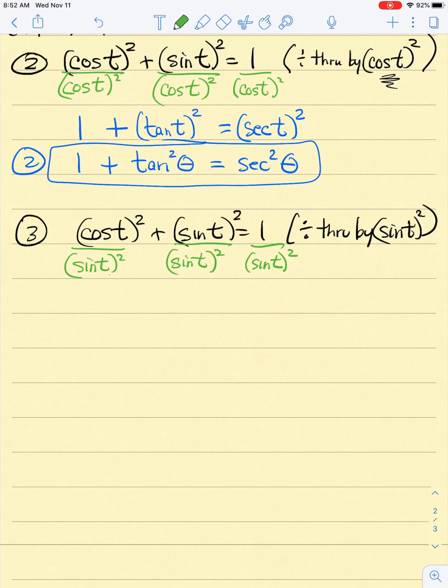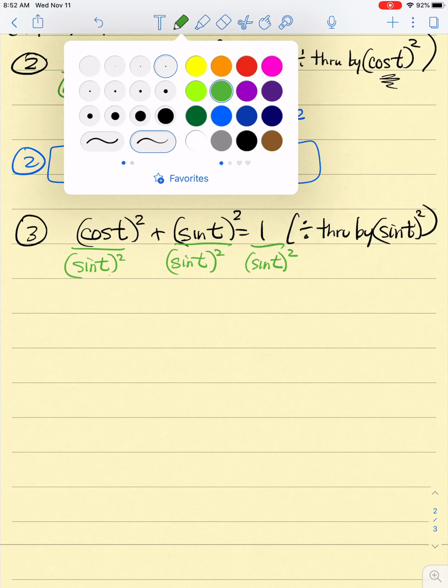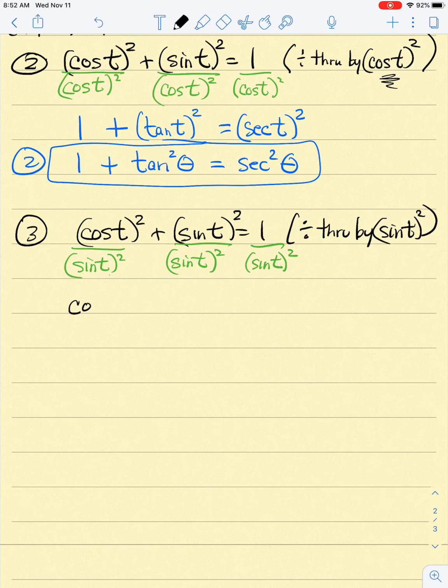So we'll go to cotan of t squared. I'm just substituting. Plus, sine squared over sine squared is just 1.